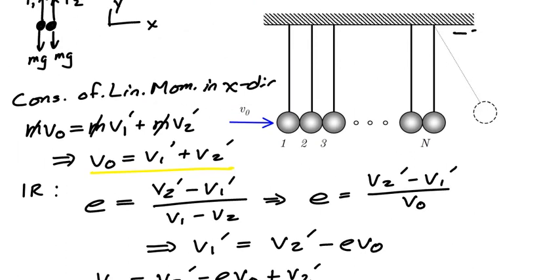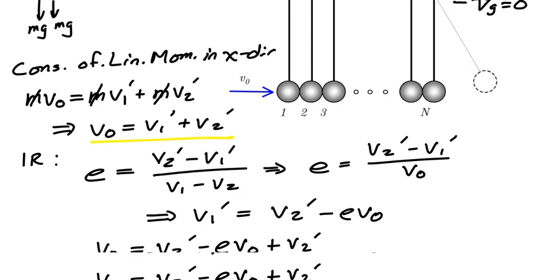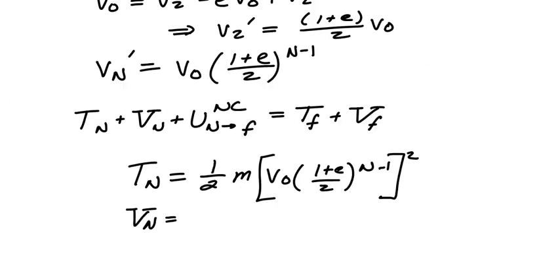So V_n is equal to minus m times g times the length that's hanging down, L. There's no non-conservative work done post the final impact, so U here will be 0.